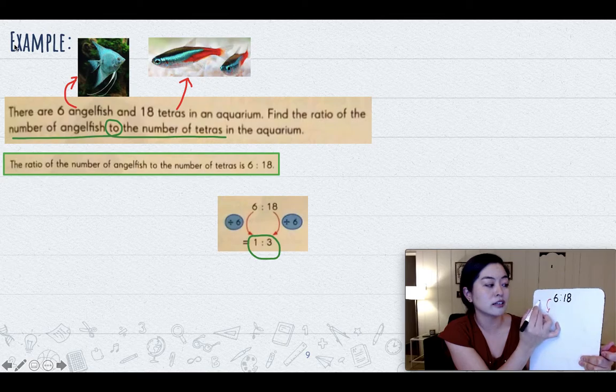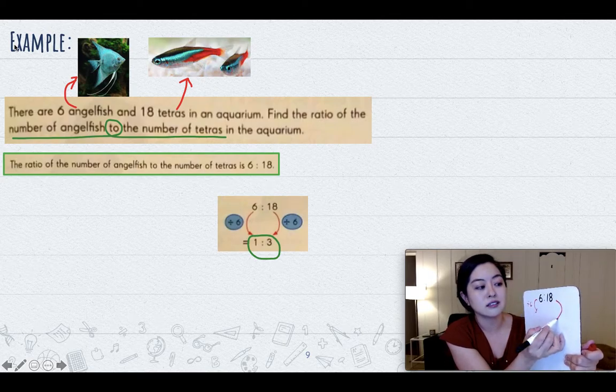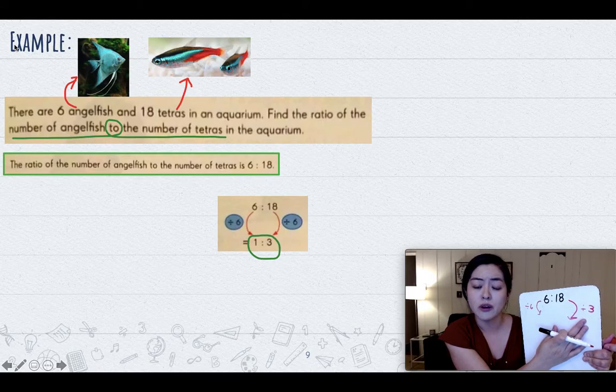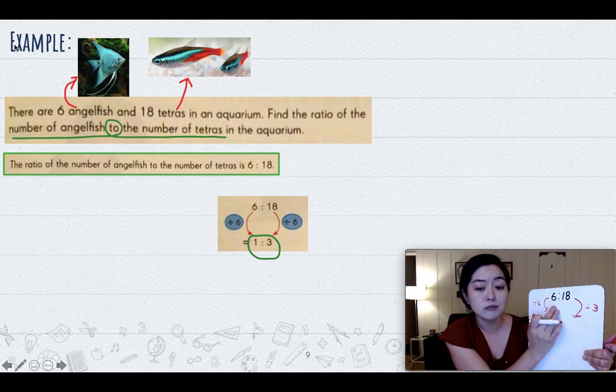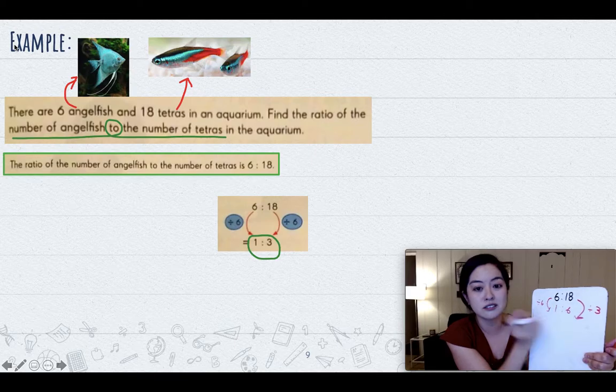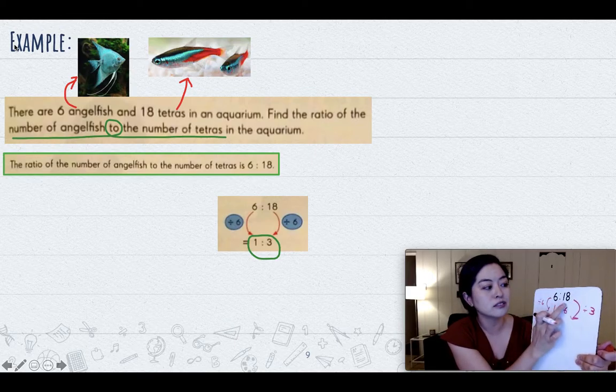So here, I can divide this by 6. And whatever I do on one side, I have to do on the other side. And how do I know I have to divide as opposed to multiply? Well, I want to find the simplest form, so I have to get my first term and second term lower. So you want to divide. So this becomes 1 and this becomes 3.